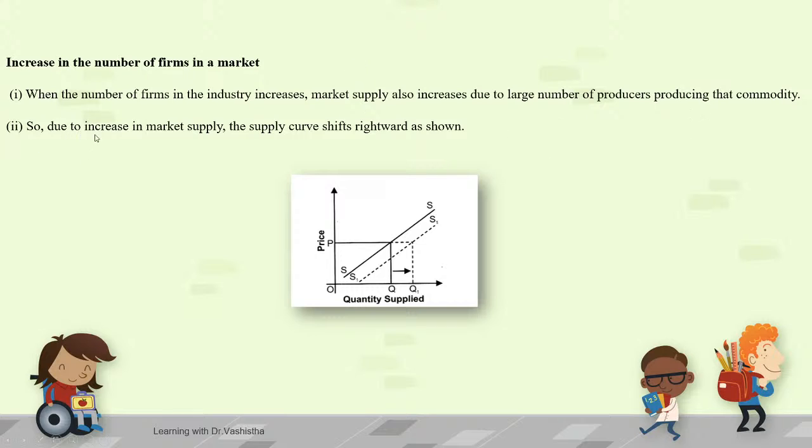Due to the increase in market supply, the supply curve will shift rightwards, SS shifting to S1, affecting the quantity supplied to a higher level from Q to Q1. Meaning that whenever there is an increase in the number of firms in the market, there will be an increase in supply, shifting the supply curve towards the right.